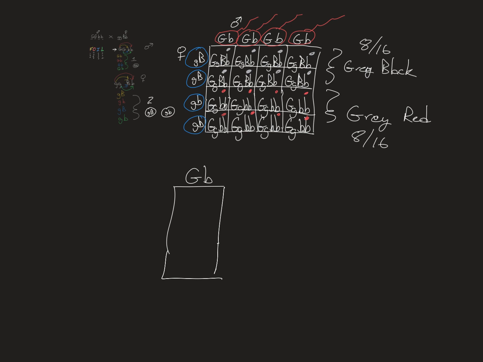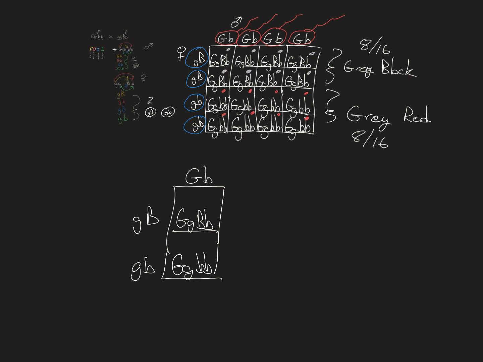That's the father. And then there's only two possibilities for the female, and that's little g, big B, or little g, little b. So there's only two possible genotypes and phenotypes. It's big G, big B, little b, or it's big G, little b, little b.